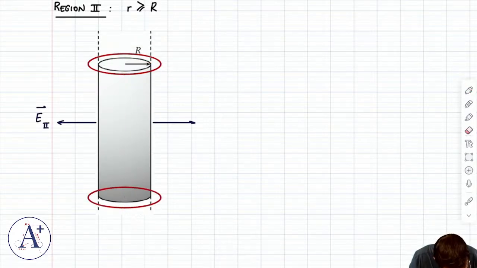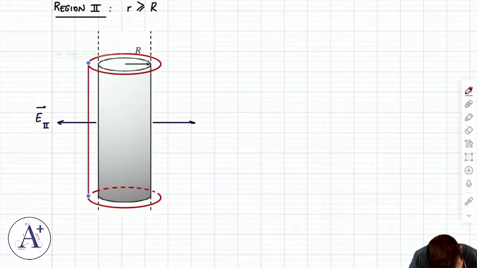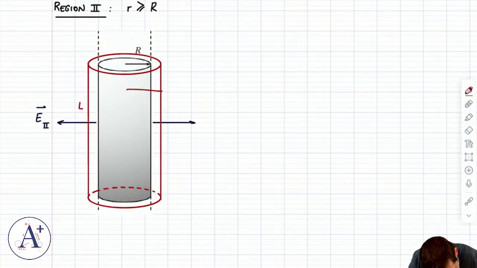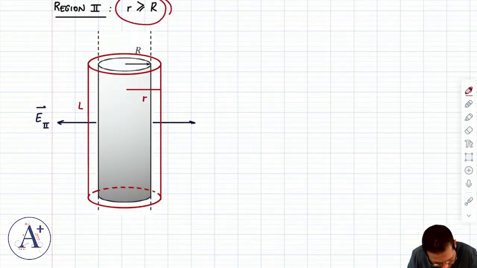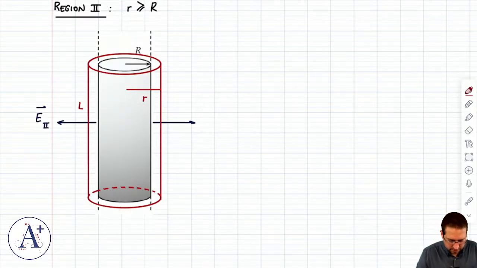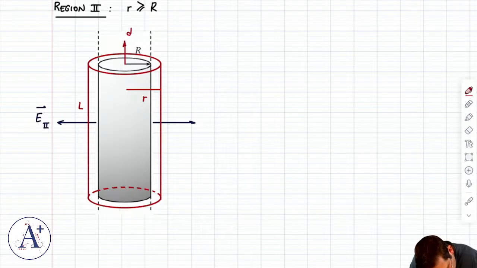Okay, this is going to be your Gaussian cylinder. It's going to have a length L, a radius r. Little r is going to be greater than big R. Okay. And then we have dA1, dA3, and dA2.